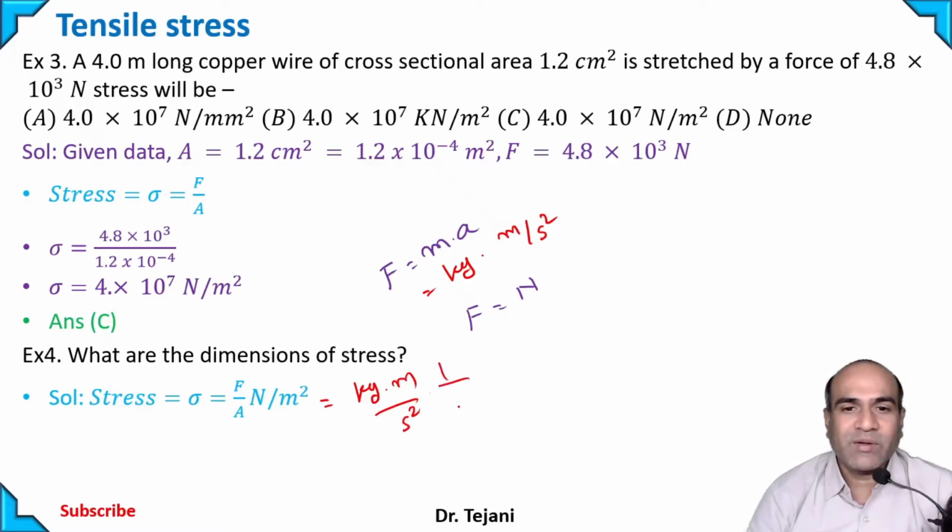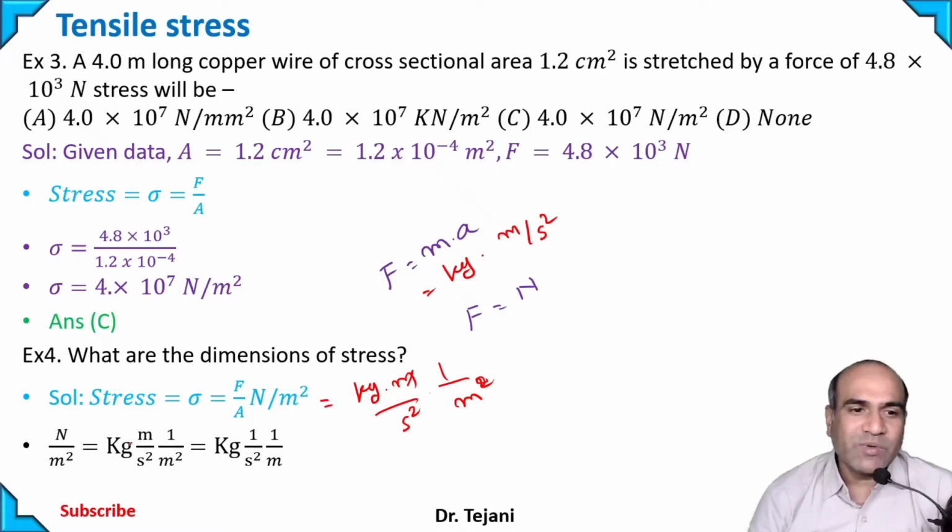and here it becomes 1 upon meter square. So one meter gets cancelled. So we get Newton per meter square as kilogram, 1 by meter, 1 by second square. For the kilogram, mass, we have 1.